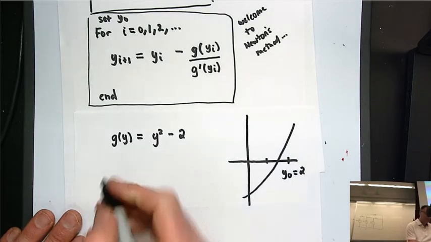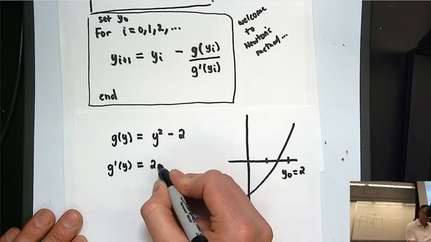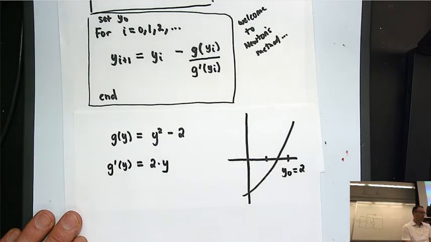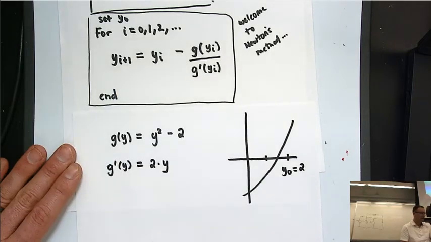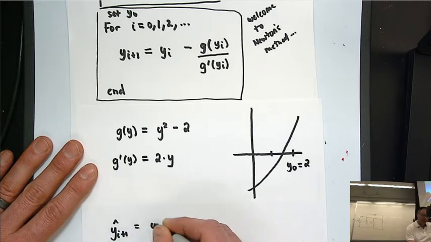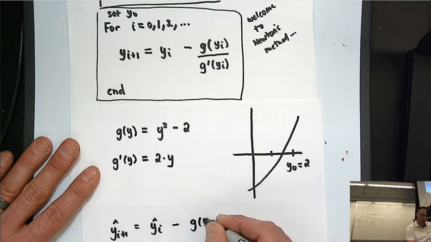So let me ask you this. What's g prime? Okay. So let's look at this from this standpoint. So our next guess was supposed to be our last guess minus g of our last guess divided by the derivative of our last guess.